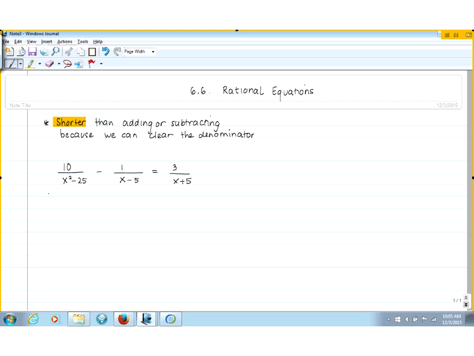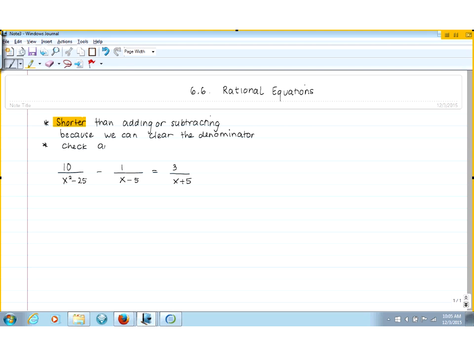As a hint, and this is something you have to remember, you could clear the denominator. It's just that you have to make sure the solution is in the domain.